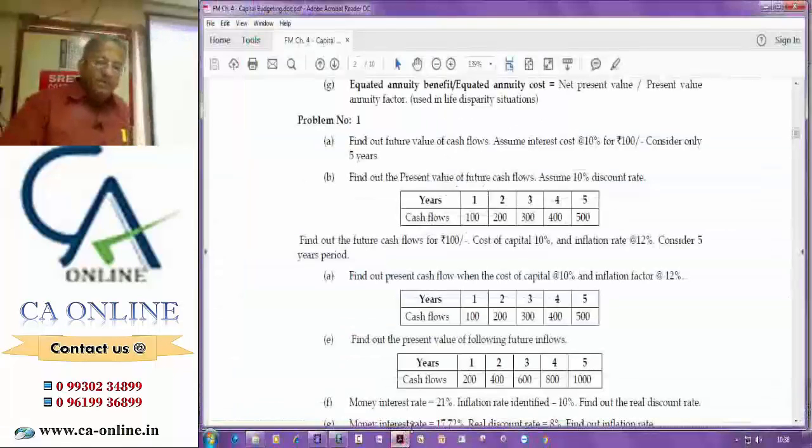So first part of the question, find out the future value of cash flows assuming an interest rate of 10% for ₹100, consider only 5 years.